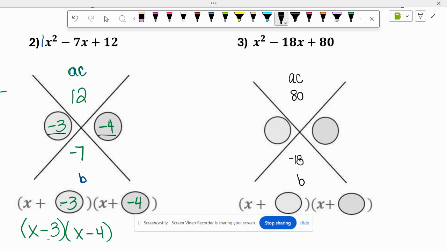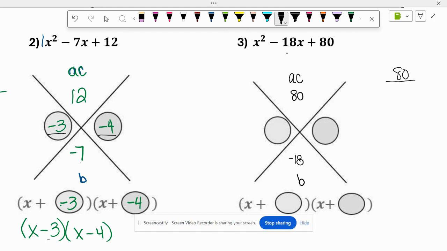-18. Okay. So here is another one like the one before that. When your product is positive and your B value, or the number you're looking to sum, is negative, that means both factors are going to be negative, right? So what two numbers can you multiply together to get 80 that give you a sum of 18? That's 1 and what? To multiply to 80, give you a sum of 18.